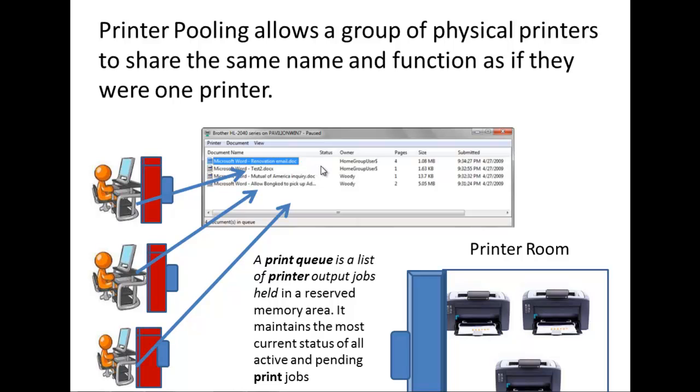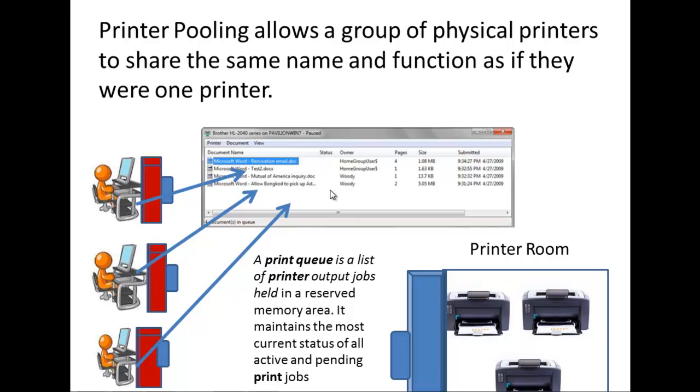And remember, in printer pooling, what is going to happen is that all the jobs will go to the print queue. And the printer that is available, if you send a job, the job will go to the first available printer. So remember, to avoid congestion on a network, you create the printer pool.